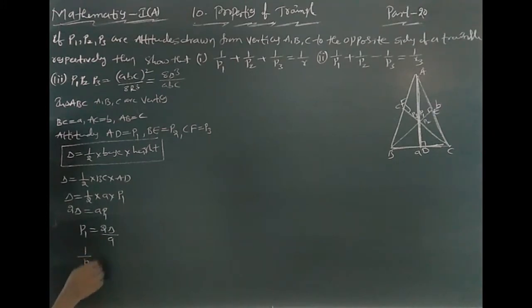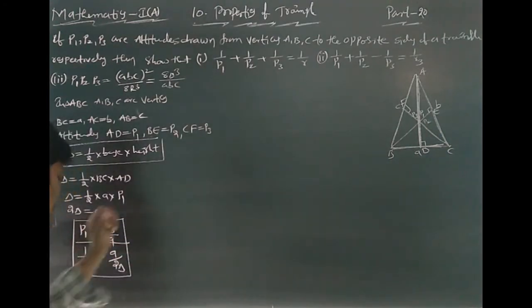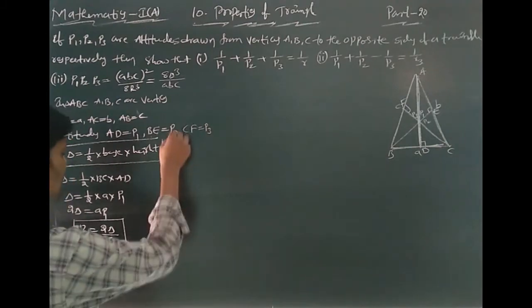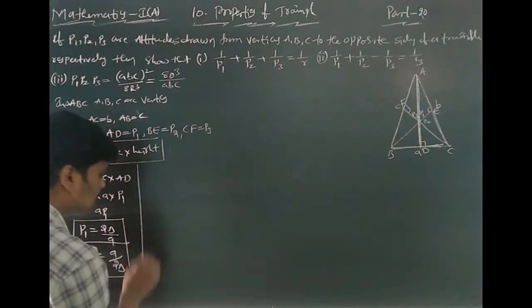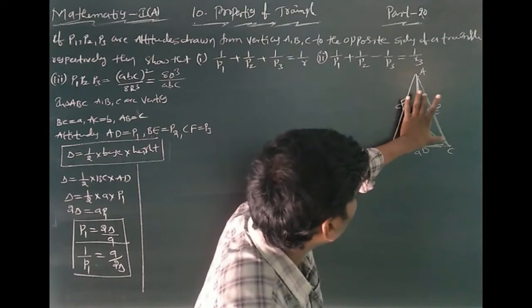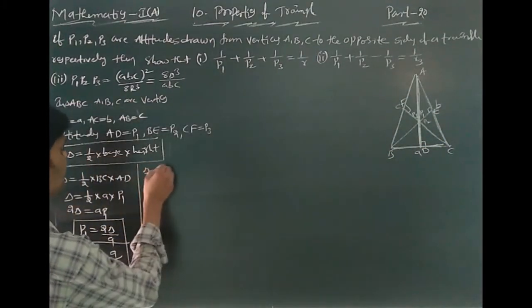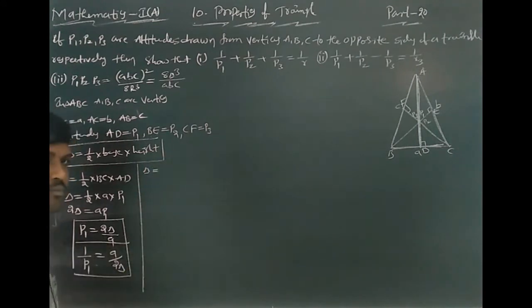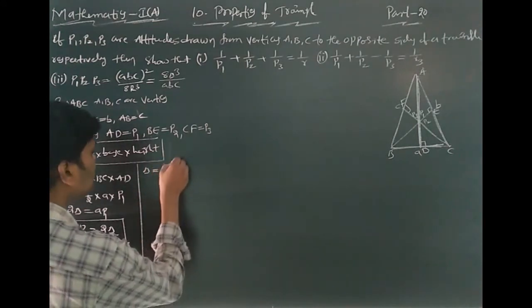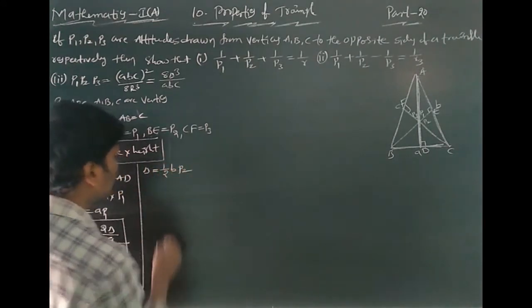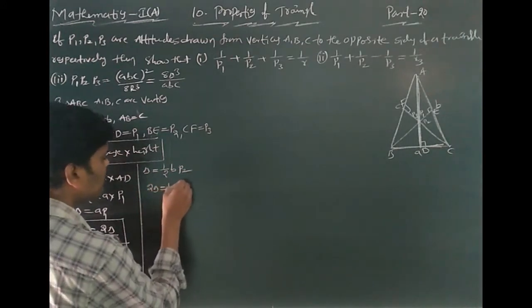Similarly, 1 by P1 equal to what here? 1 by P1 equal to a by 2 delta. P1 equal to 2 delta by a and 1 by P1 equal to a by 2 delta. Similarly, we take base AC and height BE. You get delta equal to half into b into P2, so 2 delta equal to bP2.